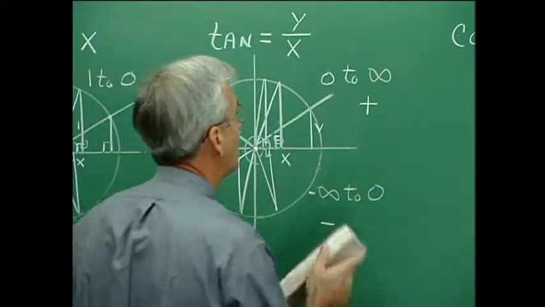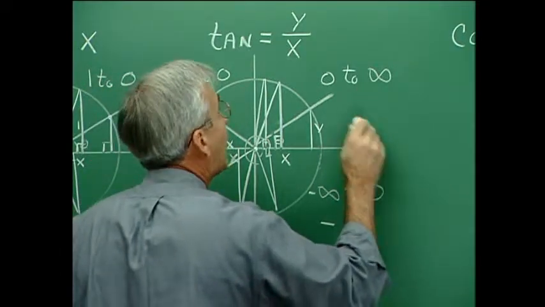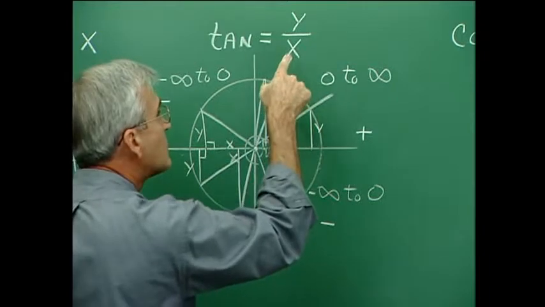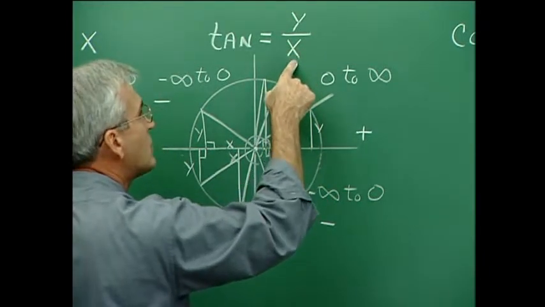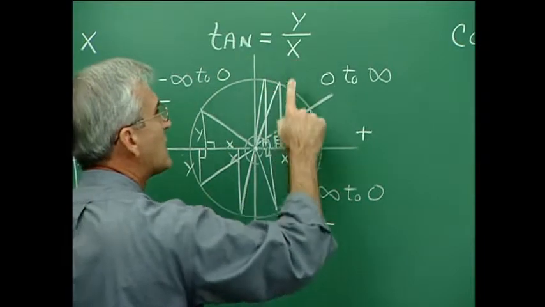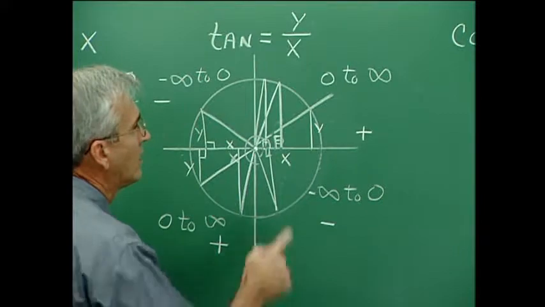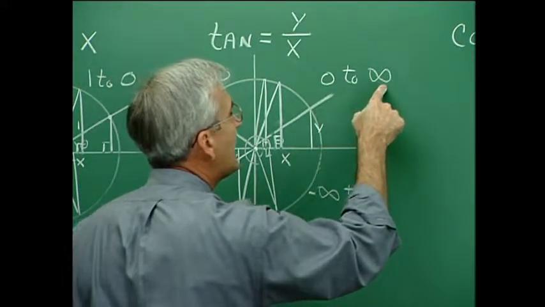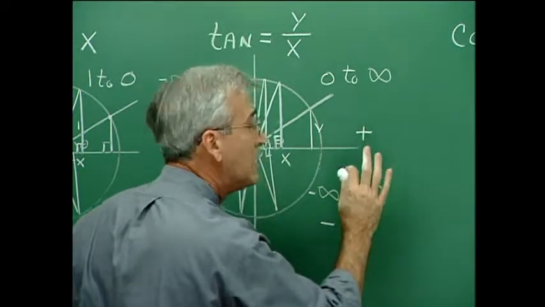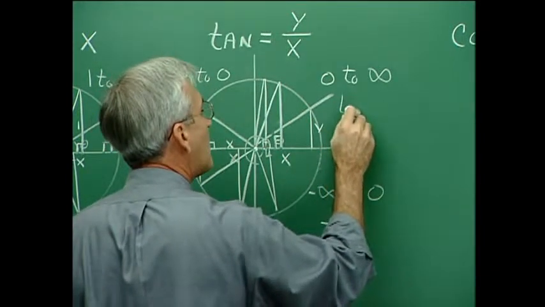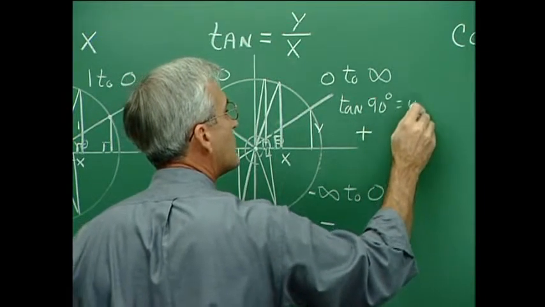Infinity is not an actual real number, but our denominator becomes 0. And when the denominator becomes 0, the situation is undefined. So the tangent at 90 degrees is undefined. So we're going 0 to infinity, but at 90 degrees, we're undefined.